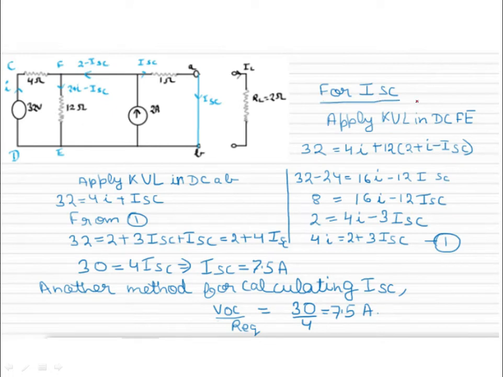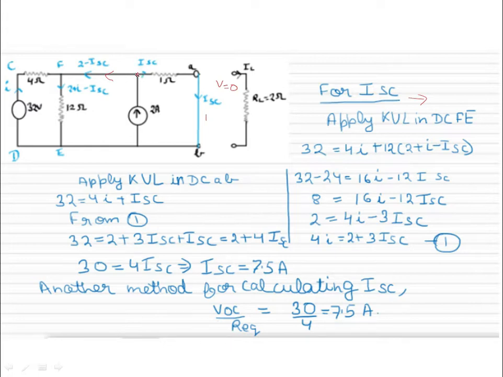Now for ISC. What is ISC? ISC is the short circuit current, the current flowing when A and B are short circuited. So here voltage is equal to 0 and ISC is flowing in this direction. So the total current flowing here would be 2 minus ISC.